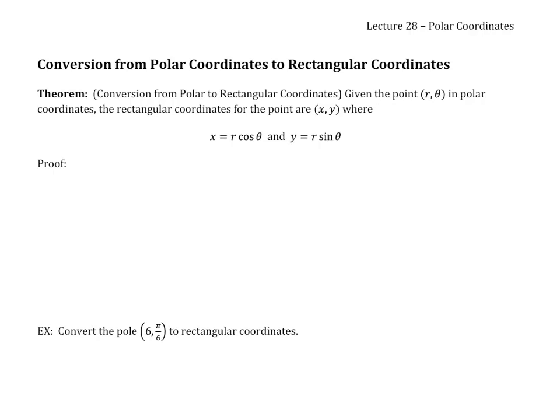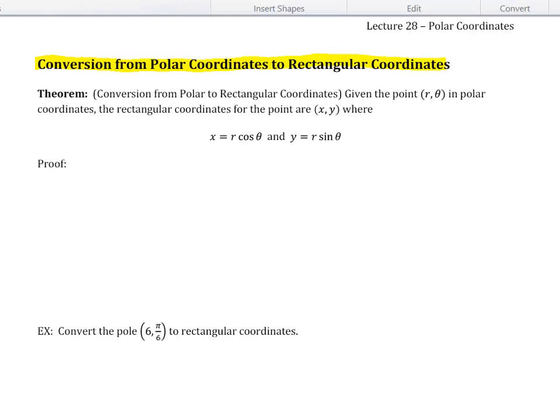So if I gave you a point in rectangular coordinates, can we convert it to polar? And if I gave you a point in polar coordinates, can you convert it to rectangular? Now we're going to start with the easier of those two. Actually, neither is too bad, but converting from polar coordinates to rectangular coordinates is a very simple application of a couple of formulas that we'll be familiar with, having seen them before.